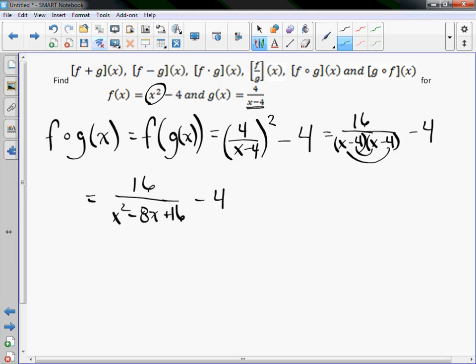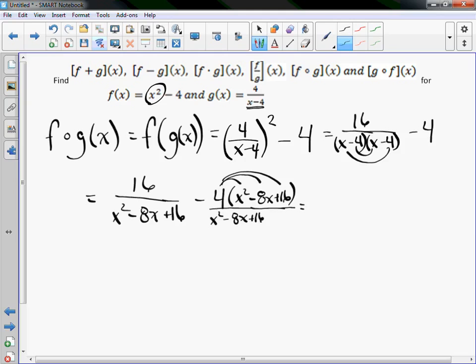Okay, and then common denominator, we need to put this in the denominator, which means we need to multiply it by the same thing in the numerator. And then we can add these. I'm going to distribute this through as I do that.